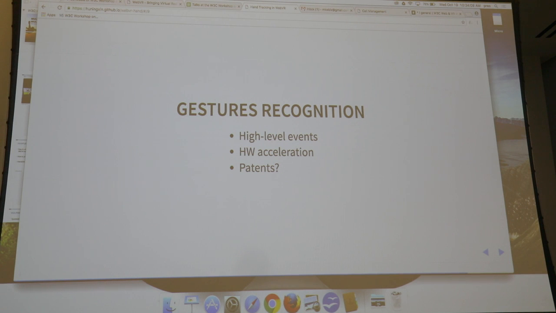The recent trend is that hardware can be offloaded to do this kind of computation, so it might happen in the near future. But for web standardization, this is quite a patented area, so there might be some problems.